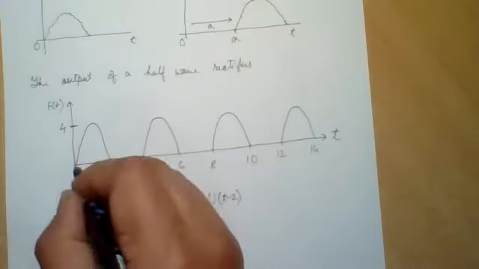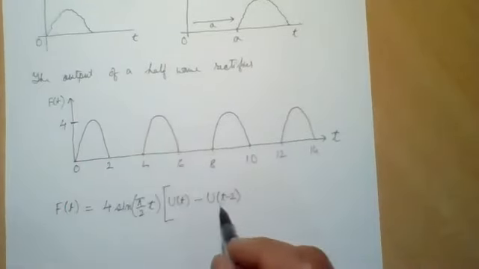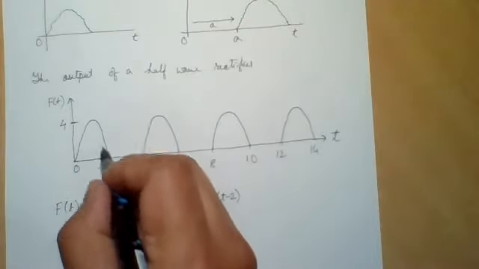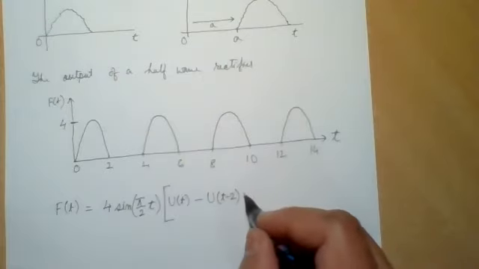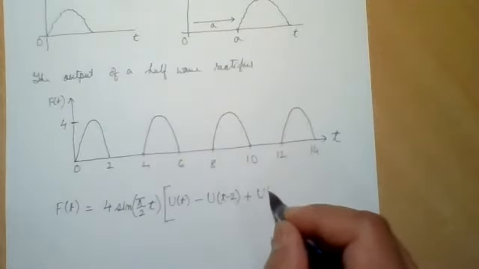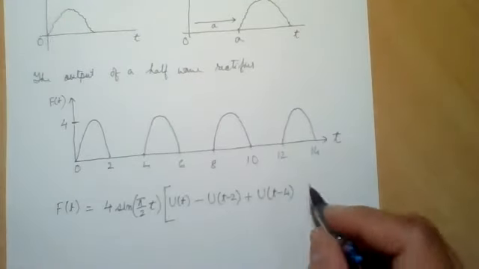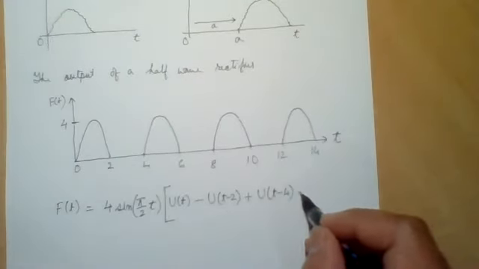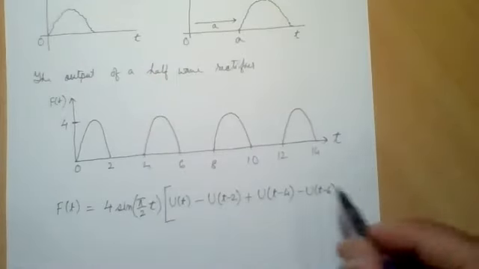This will give only this curve, only the first curve, with u of t minus 2. This will give only the first half sine wave, plus u of t minus 4. Now if I add this and subtract u of t minus 6, then what will I get?